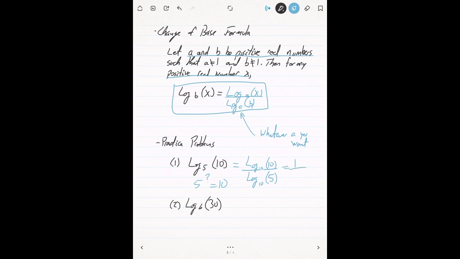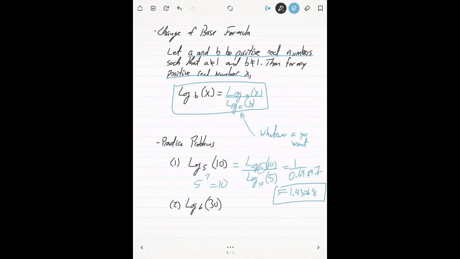And then I could also type log of 5 and I could get a number out for that. Now it's going to be a long decimal, 0.69897, blah, blah, blah. So 1 divided by all of that is 1.43068. I'm going to round up. This is the exponent that I was searching for. Well, it's an approximation of the exponent, okay? And I found this by just using this formula.